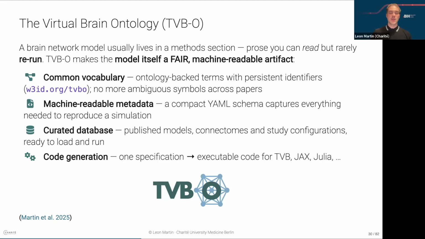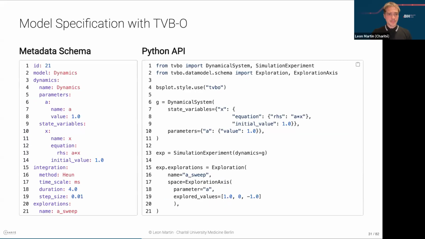So this is also a benefit of using the ontology: we can make it accessible for non-programmers. And we now have a way of translating one experiment into different backends. So we can generate executable code for TVB, for other frameworks, more machine learning based frameworks like JAX, or newer coding frameworks like Julia, or, if you like, also MATLAB.